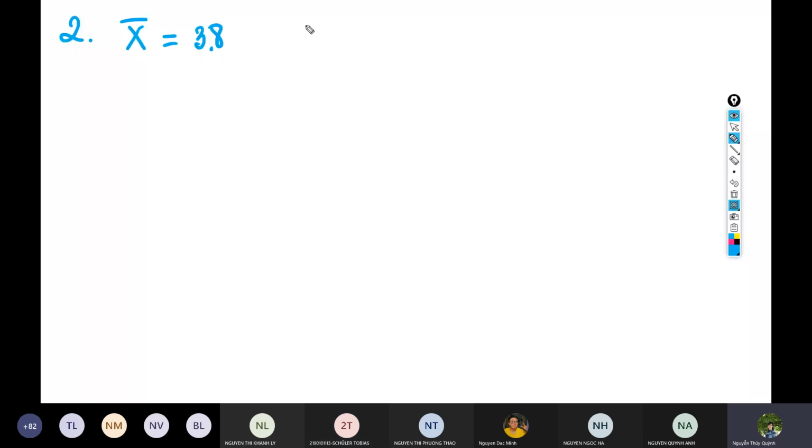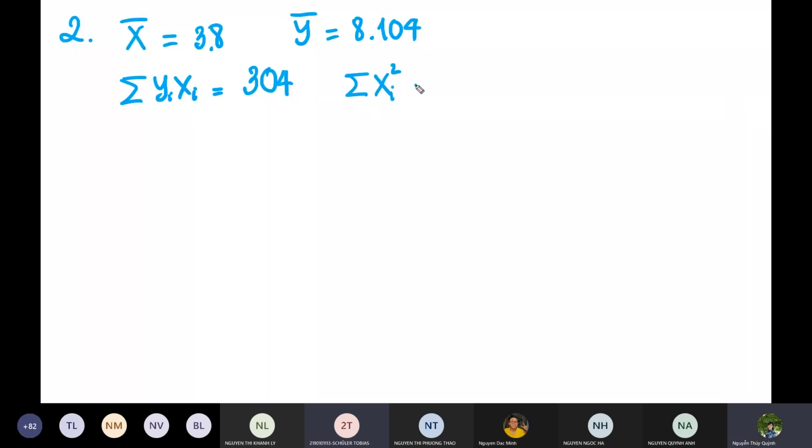Then I calculated the sum of yi times xi, which is 304. And then the sum of xi to the power of 2 is 164. Okay.